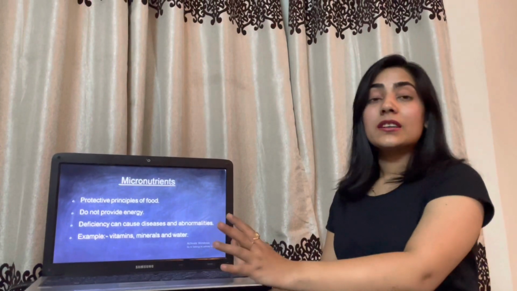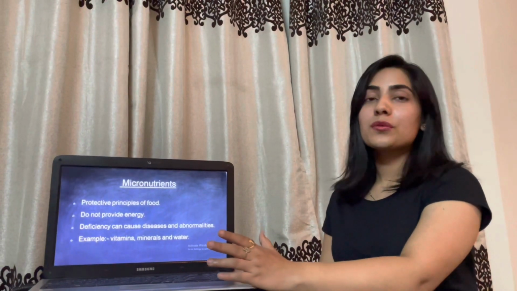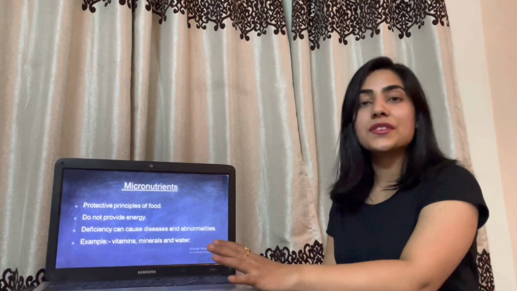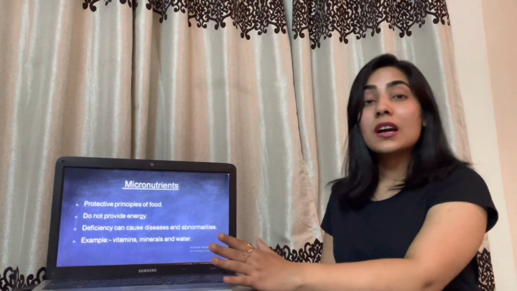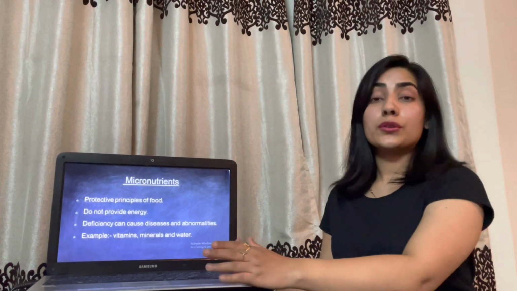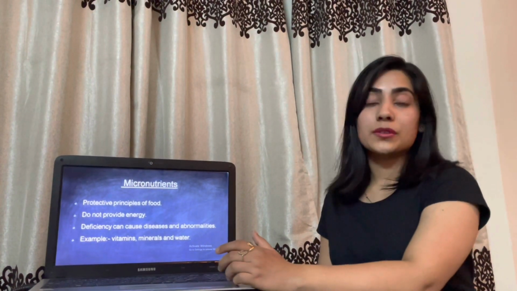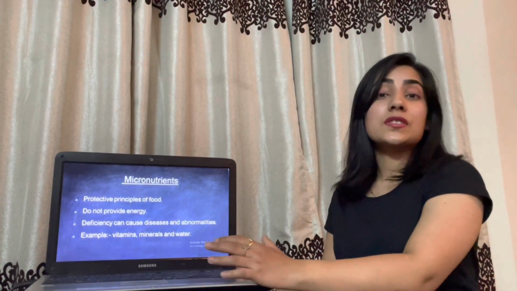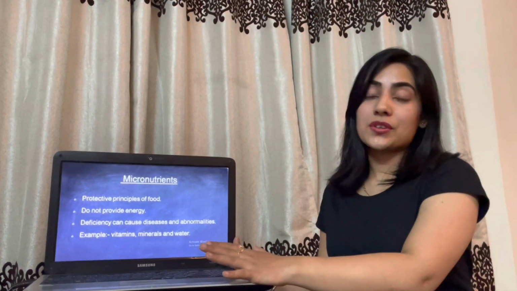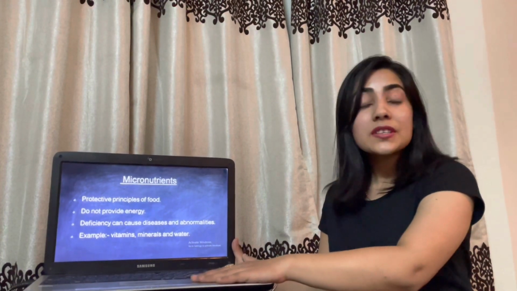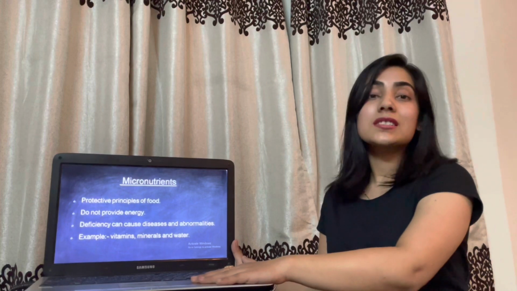Micronutrients, as the name suggests, refer to those nutrient particles which are smaller in size as compared to their counterpart. So the name micronutrient. They are also known as the protective principles of the food. Why protective principles of the food? Because they are very much important along with the macronutrients, because they provide us immunity.